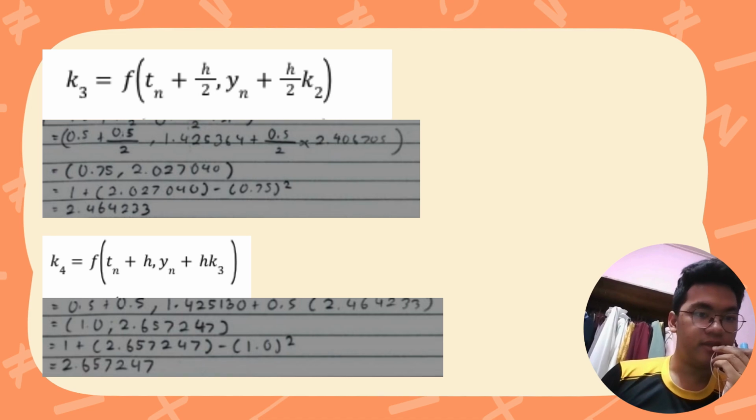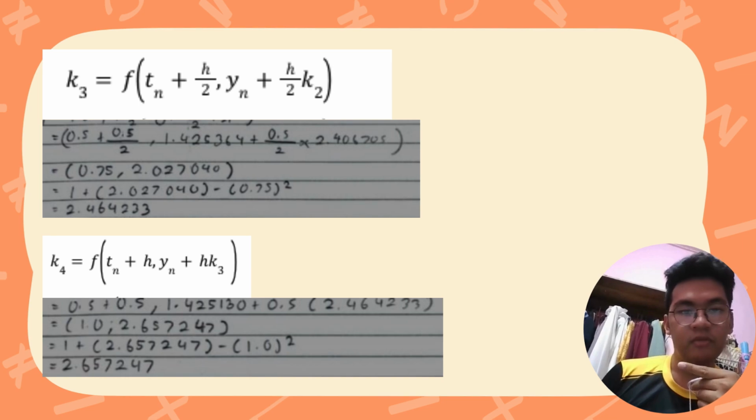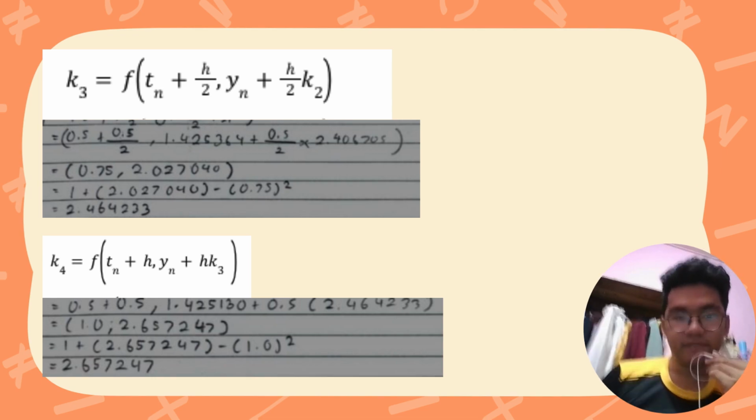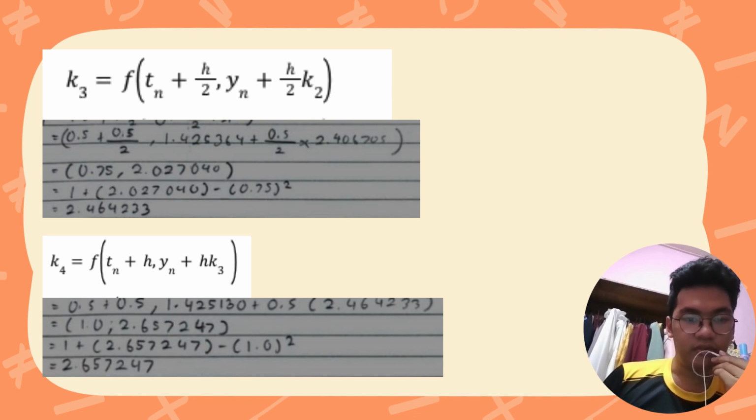Then we move on to k31. In this equation, we need to use the value of k21 from earlier and substitute it into the following equation: f of tn plus h over 2, yn plus h over 2 k2. In this situation, y1 plus h over 2 k2. Then we will get the value 2.464223. Then for the last part, k41, we need to substitute the value with the k3 value. Then we will get the value 2.657247.